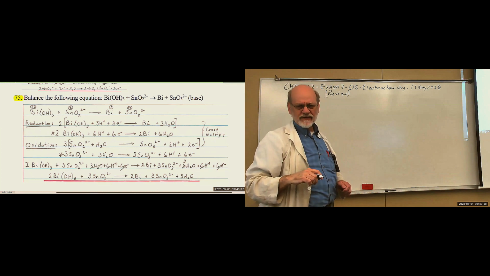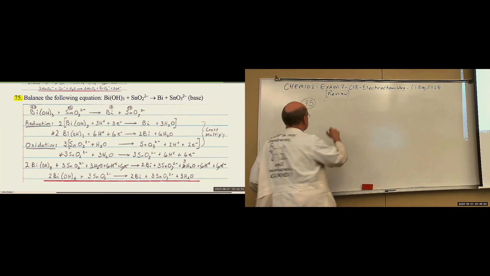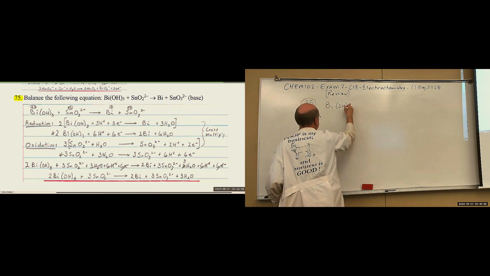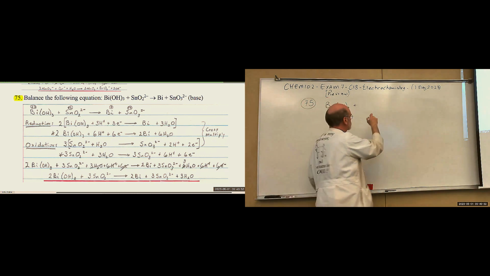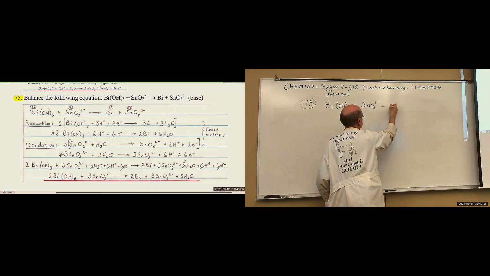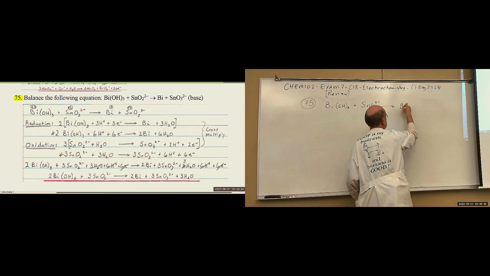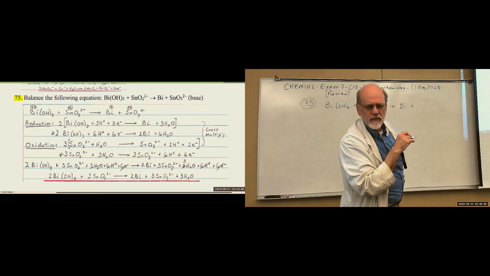So in basic solution, Bi(OH)3 and then SnO2 2- yields bismuth metal and SnO3 2-.